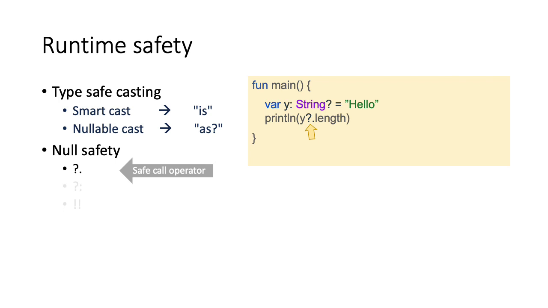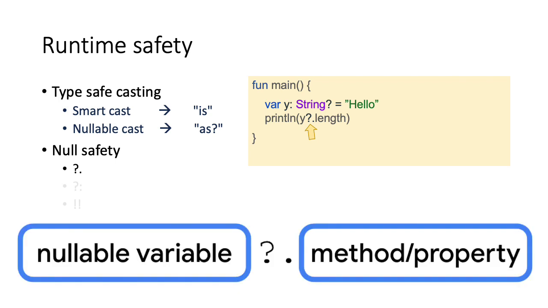We can use the question mark safe call operator to access methods or properties of nullable variables. Here is a more generic pictorial representation. You can have a nullable variable, question mark, and then access the property or method.